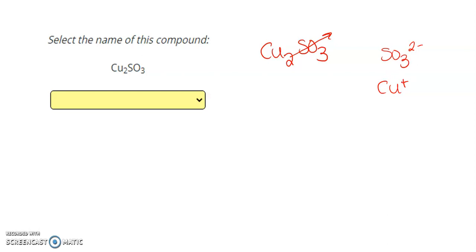Because this is just a 1+ ion, this is going to be called copper 1. We write that as copper, parentheses, Roman numeral 1. Then we'll take the name of the polyatomic ion, which is sulfite. So the name of this compound is copper(I) sulfite.